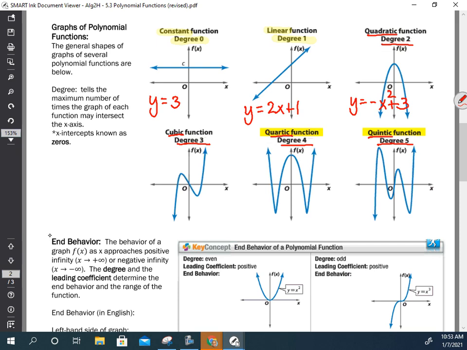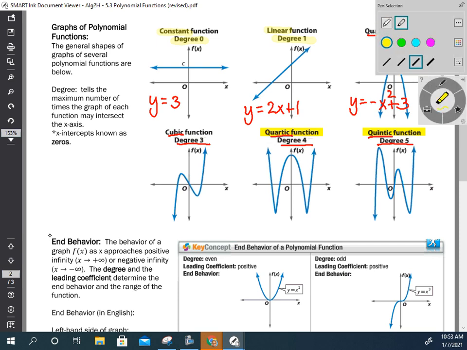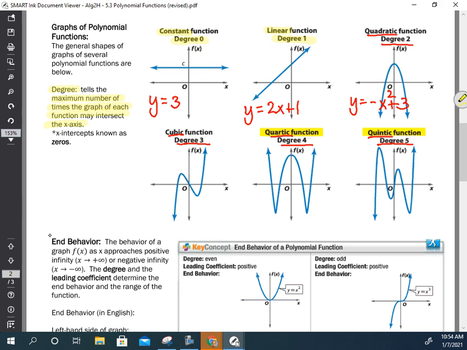However, the degree does tell you something else. The degree tells you the maximum number of times the graph can intersect the x-axis. So the degree tells you the number of times the graph can touch the x-axis. So if the degree is 0, it can never touch the x-axis.